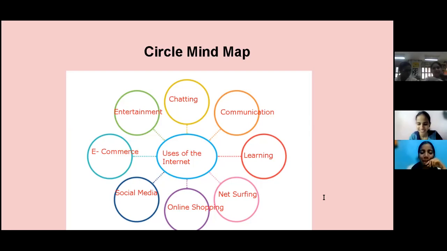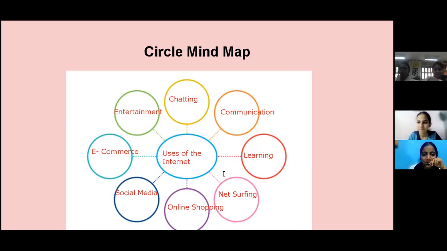So circle mind map, you have understood how we can use it in our computer lessons. Any small topic you can take, you can use the circle mind map and you can teach them. This will be useful for you all in your computer classes, for lower classes also. It's not only for the higher classes, but even for second and first standard you can use this. When you say clicking, what are the different actions which you can perform with the mouse?